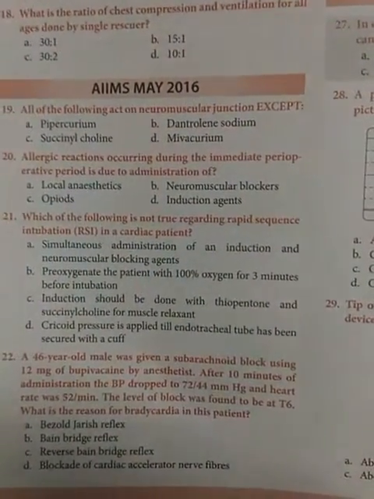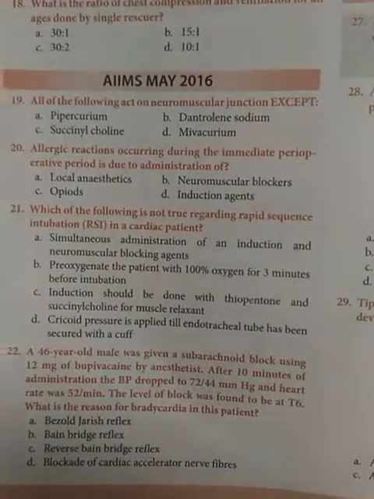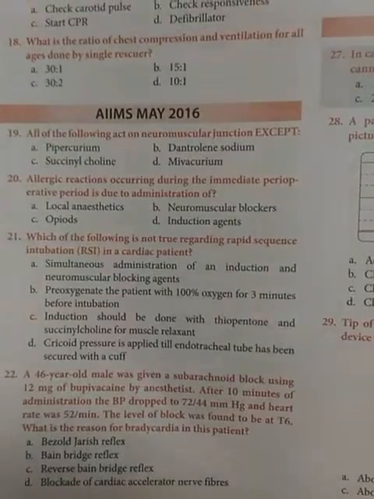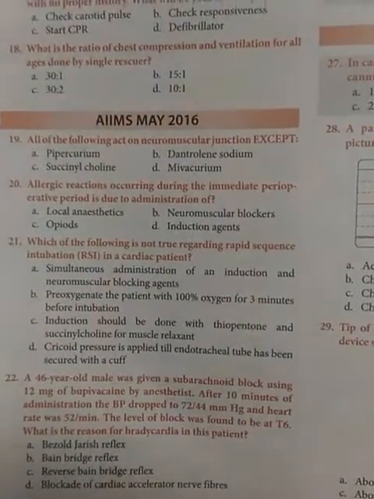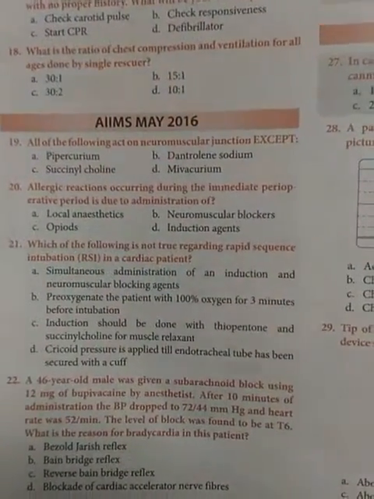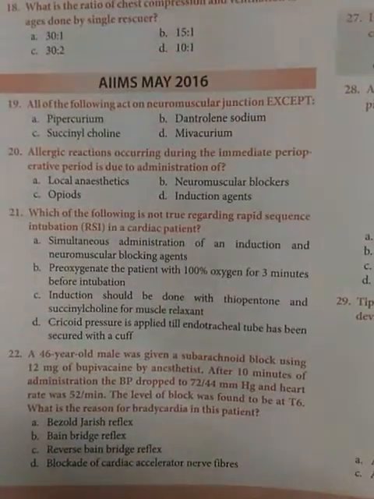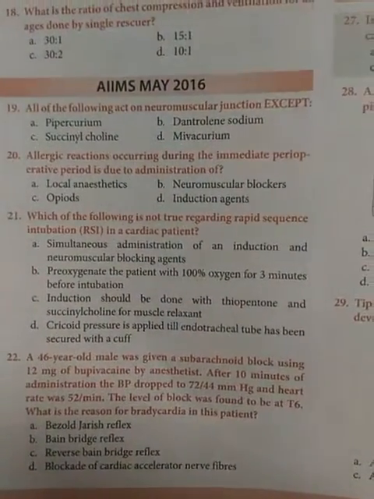Next is the Bezold-Jarisch reflex. A 46-year-old male with severe cervical blockage, BP 120, was anesthetized by the anesthetist. After 10 minutes of administration, BP dropped to 72/44 and heart rate also went down. Level of block was found to be T6. It's because of the Bezold-Jarisch reflex.